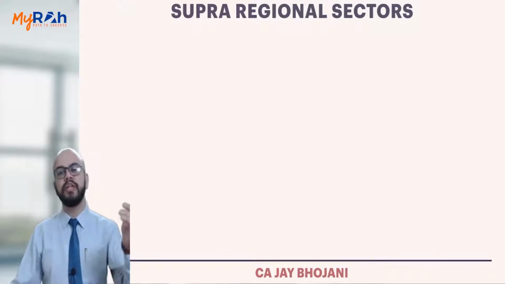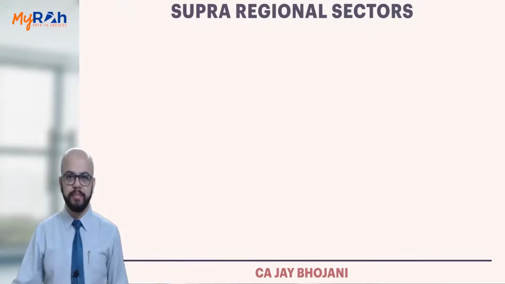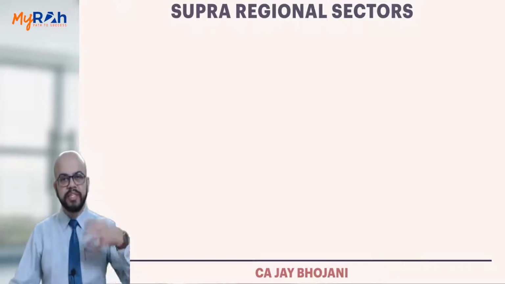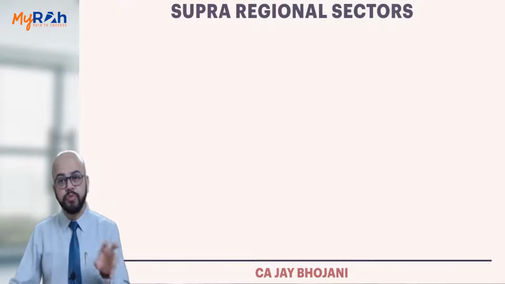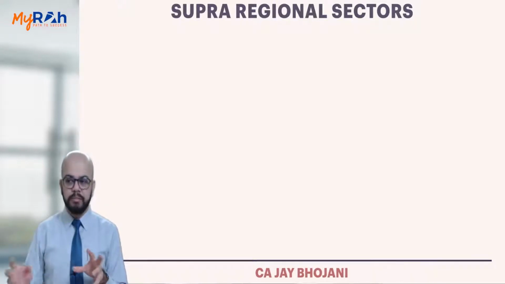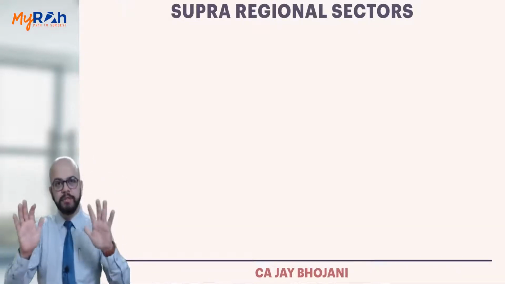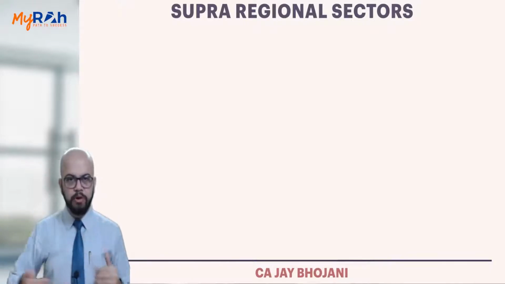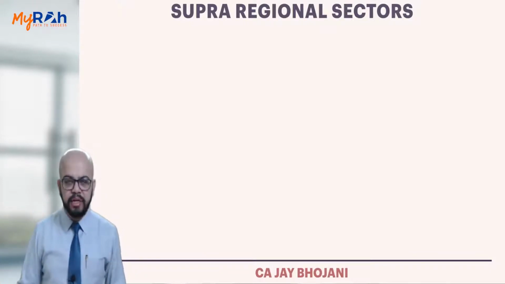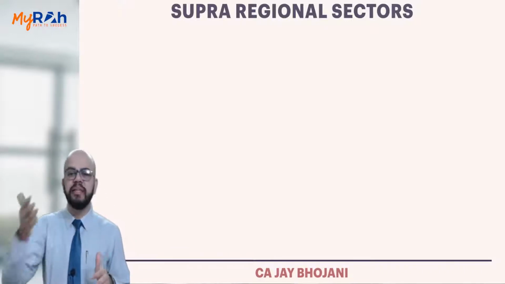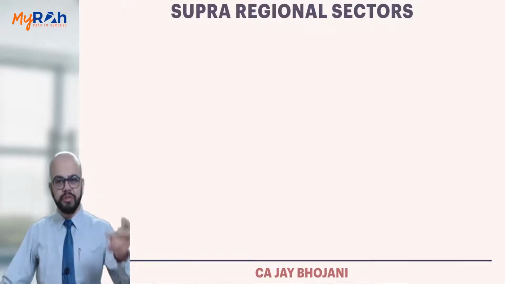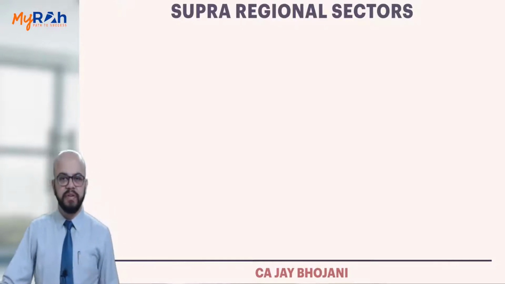Under which state will you put these heads? It's very difficult, right? Such areas are known as supra-regional sectors. And these supra-regional sectors are calculated for the whole nation first of all, because they cannot be identified clearly to a particular state. So they are calculated for the entire nation, and then they are distributed based on some relevant indicators, whatever the government decides.